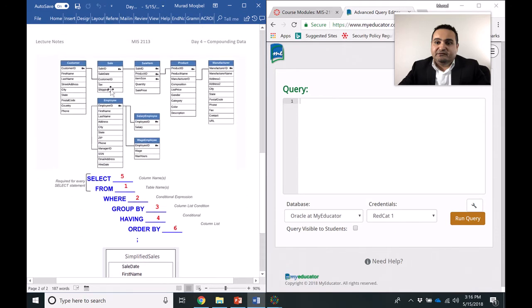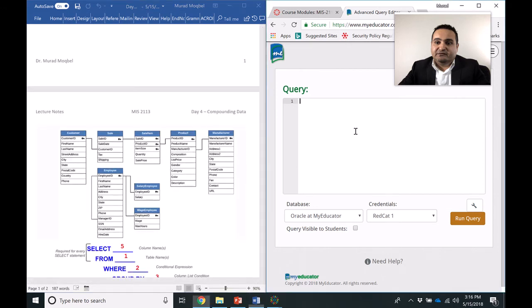Sales of sneakers. So in this case, I need all sales from the sale table, and sneakers, I need the category from the product table. So in other words, I need to connect or join those 3 tables in order to answer my question. So I have sale.